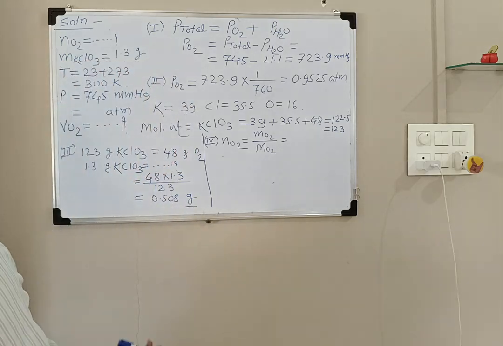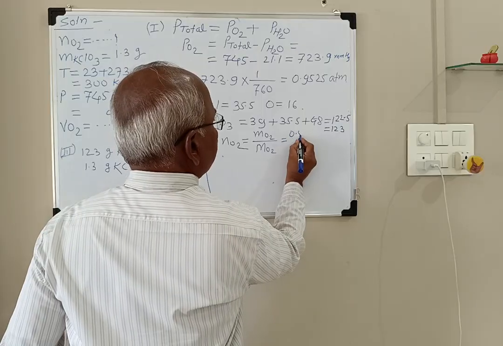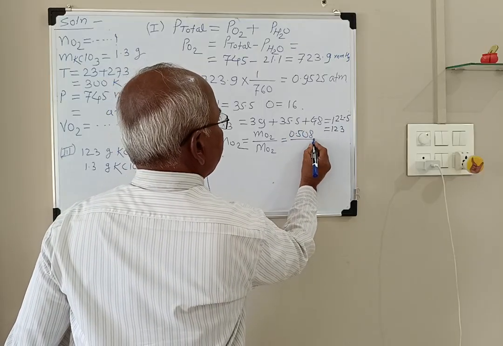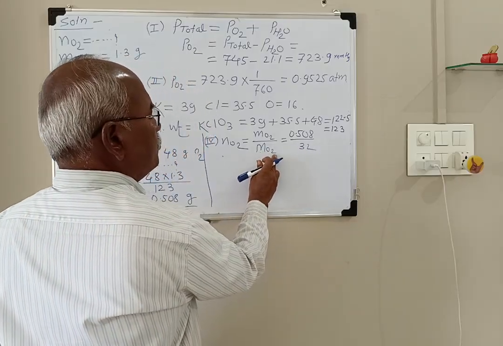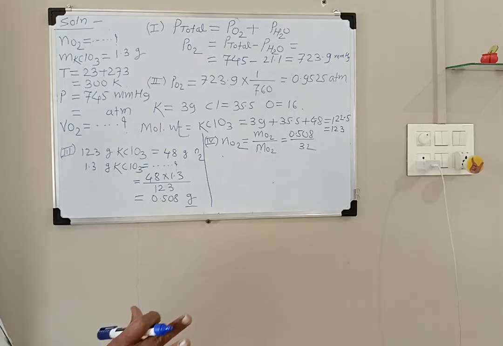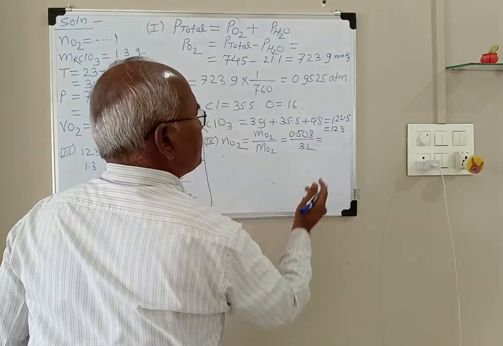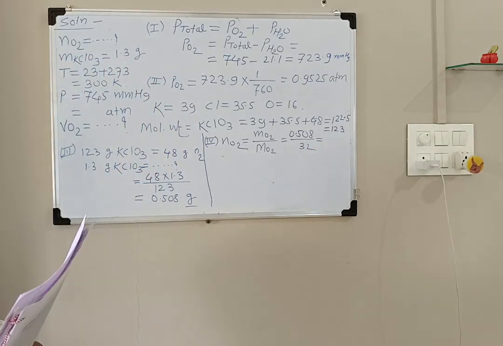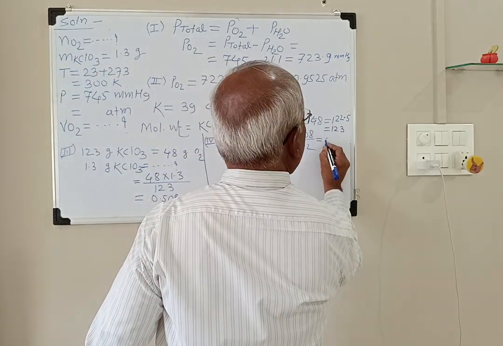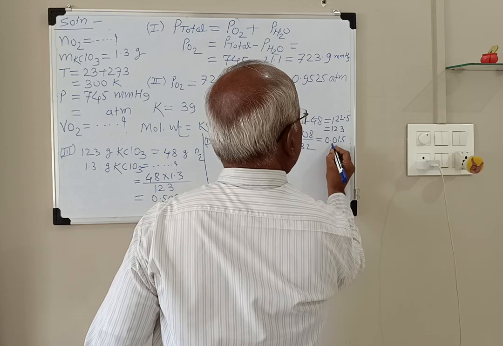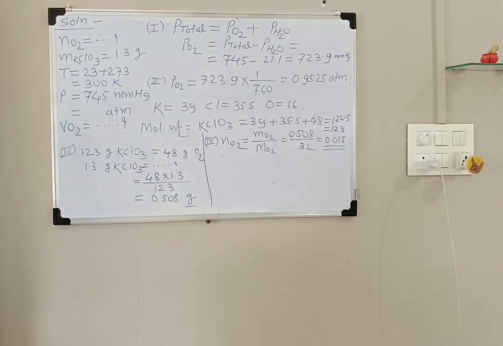That is equal to the mass of O2 we have calculated, 0.508, divided by the molecular weight of O2, 32. In O2, 2 atoms of oxygen, 16 into 2, 32. Solve this. The answer is 0.050. This is the moles of oxygen.